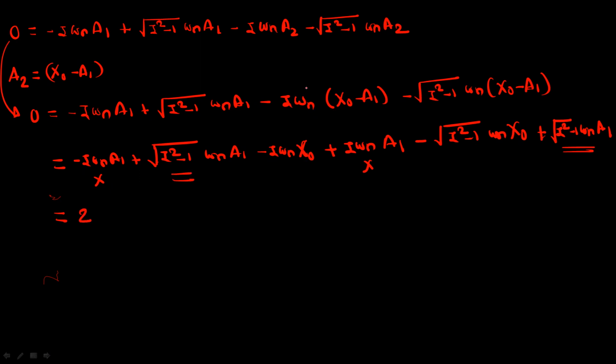So this is 2 square root zeta square minus 1 omega n a1.